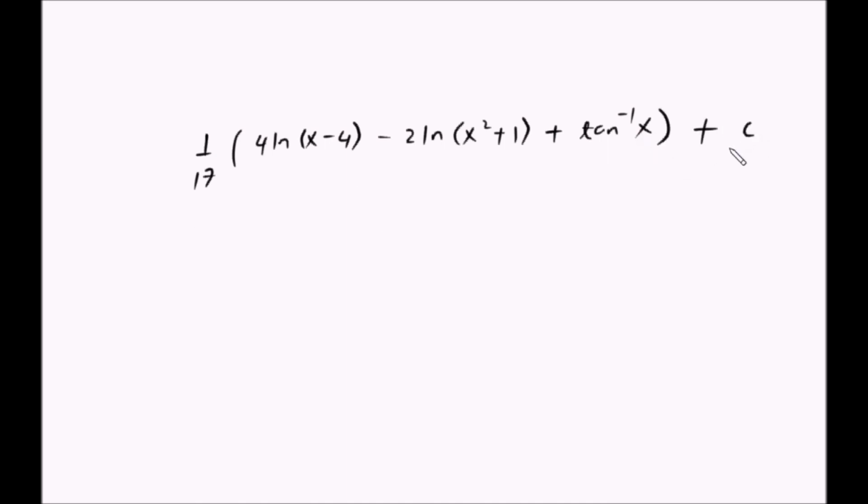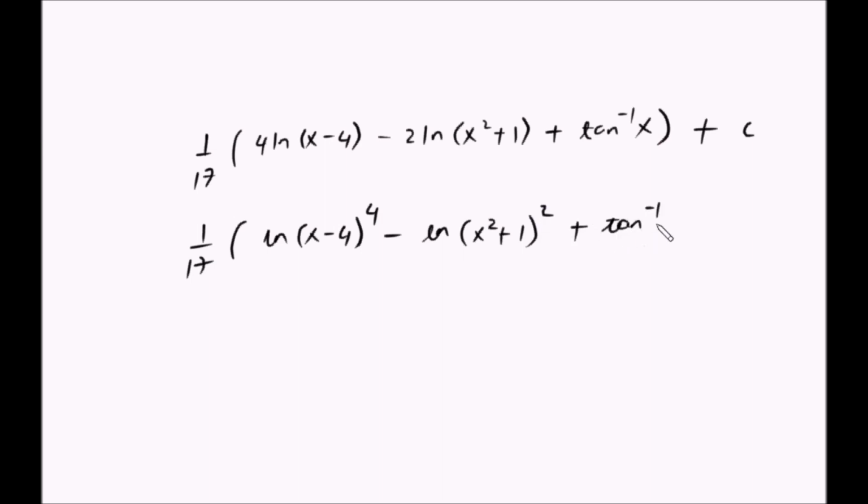God, I didn't want to simplify further, but my conscience has pricked me. This will be 1/17 ln of x minus 4 power 4 minus ln of x squared plus 1 power 2 plus tan inverse x plus c.